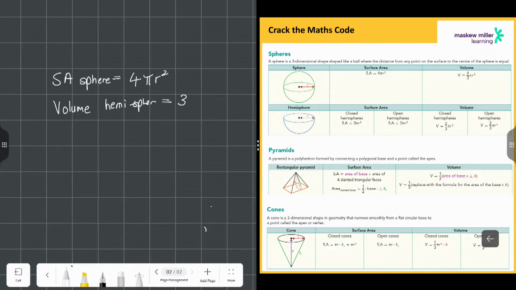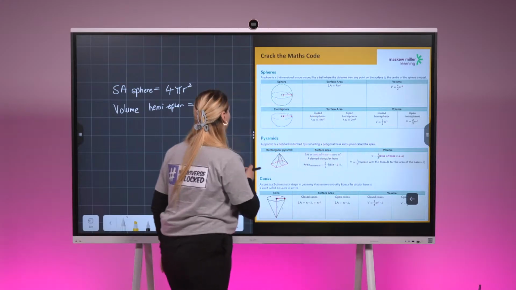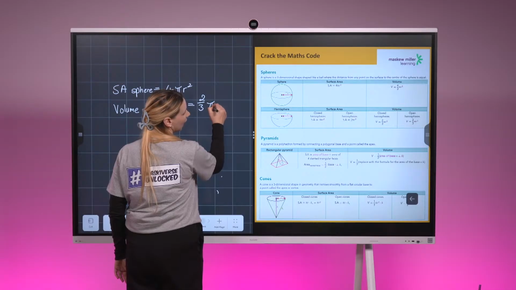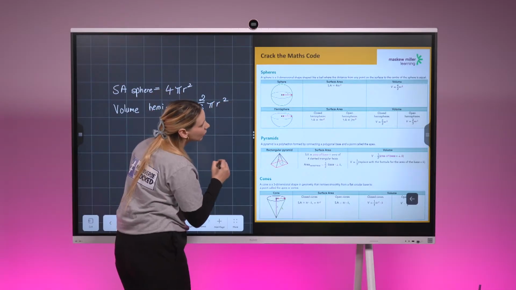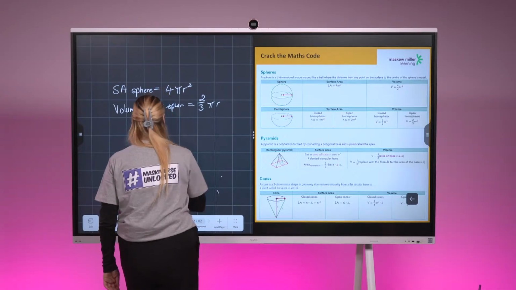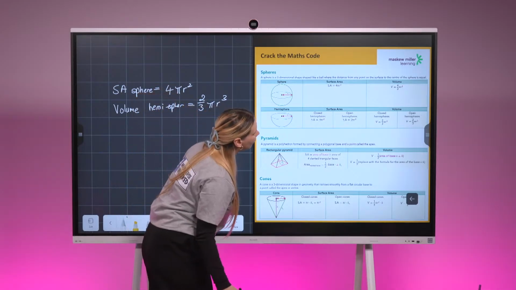That's 3 pi r squared, no, that's surface area. My apologies, we're looking at volume. So it is the volume of a closed hemisphere. When it comes to closed and open, the volume does not change, and the volume is 2 over 3 pi r cubed.